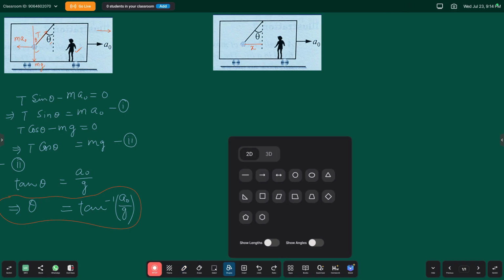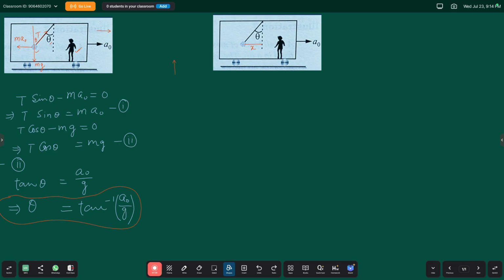For convenience, we should define the axis. This is your x-axis, this is your y-axis. So this displacement is x. And how much it lifted up, that distance we can say it is y.